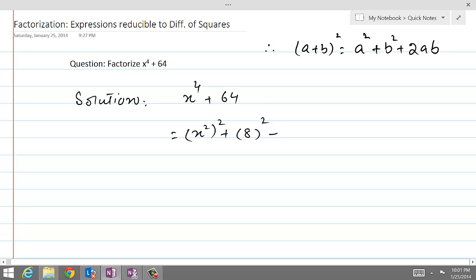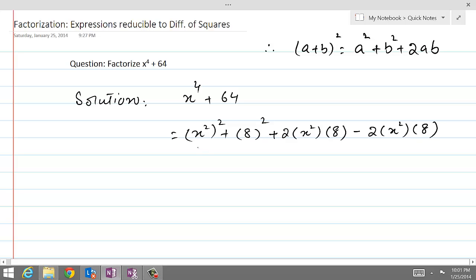If we add 2 times, where a is x² and b is 8, this term, we also have to subtract it in order to keep the balance. So minus 2 times x² times 8.